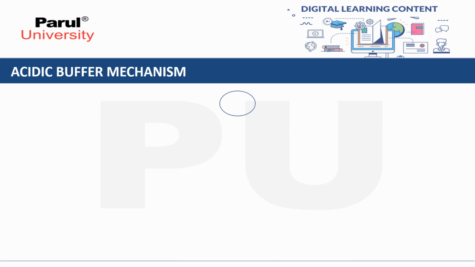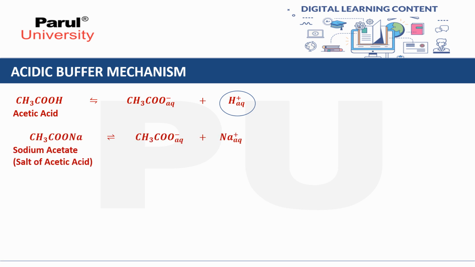Let us see an example, the acidic buffer mechanism. Suppose acetic acid is a weak acid and it gets ionized into CH3COO minus and H plus ion. And the salt of the weak acid is sodium acetate, with which we have made the acidic buffer solution.